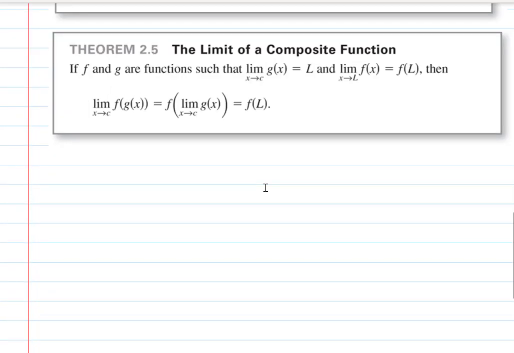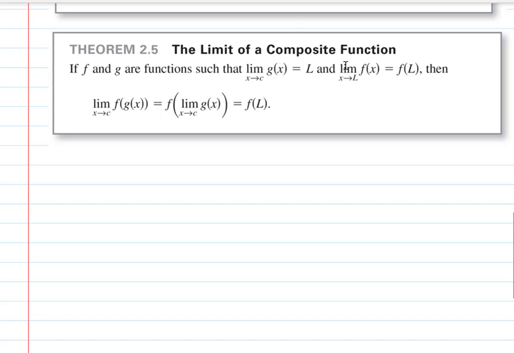Okay, another property that we have is the composition of functions. Again, all of these are stated as theorems because they can be proven, but they're pretty straightforward. I'm going to start using them in our problems here. The limit of a composite function is equal to the outer function of the limit of the inner function.